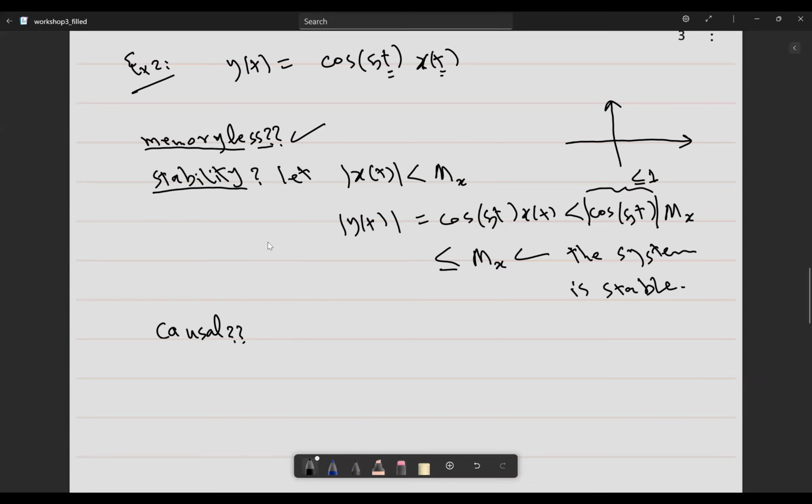And there's one note: if a system is memoryless, then it will always be causal, right? Because a memoryless system doesn't depend on future or on the past. So it will always be causal. The memoryless condition is more strict than the causality condition. If it's memoryless, then yes, it's causal, but not the other way around. And yes, it's causal.